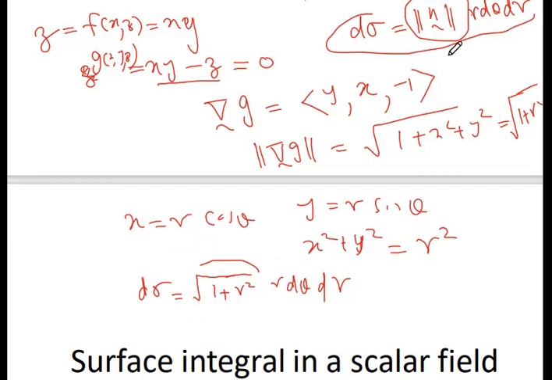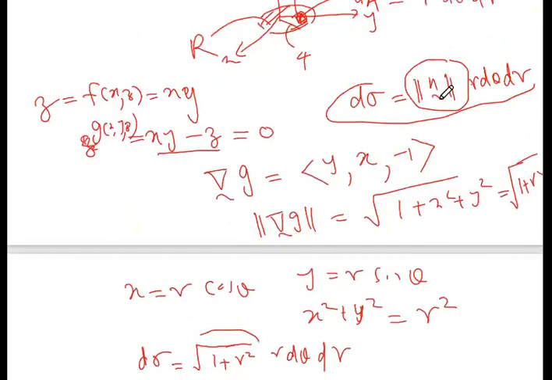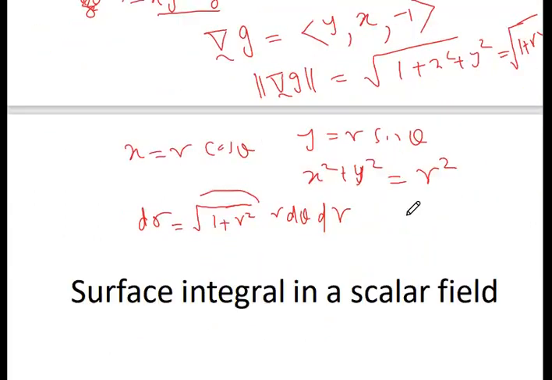This is the magnitude of the normal vector to the surface, and this is your dA. dA is expressed in polar coordinates as r d theta dr. Got it? Make sense?